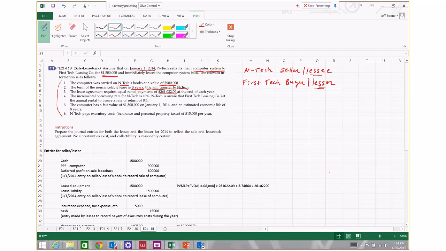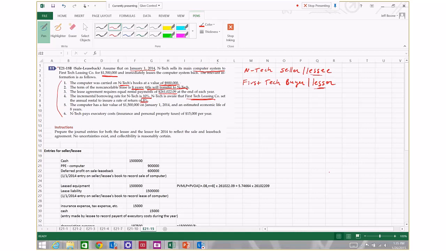We're told that Intech the lessee's incremental borrowing rate is 10%. First Tech, in determining the amount they were going to charge in terms of rental payments, set the rate of return on the lease at 8%. So the lessor's implicit rate on this leasing arrangement is 8%.